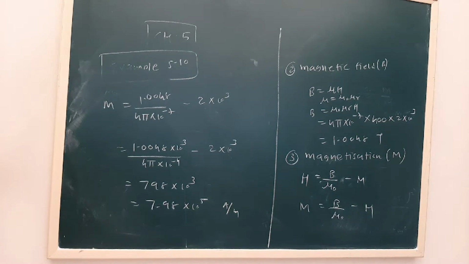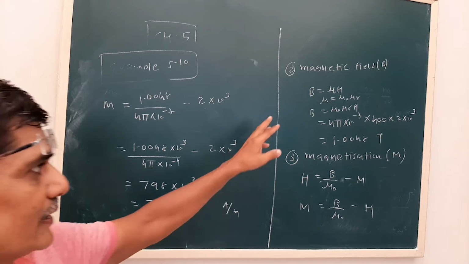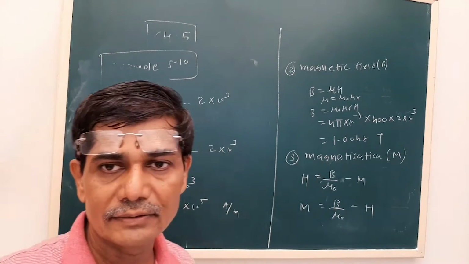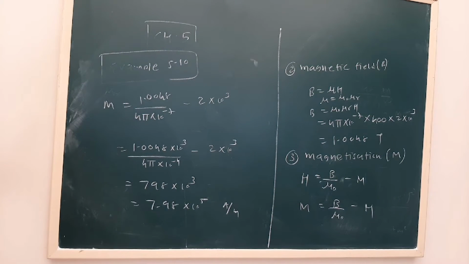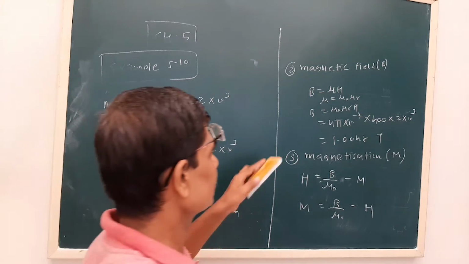Now see the fourth part. First we have obtained the value of H. Secondly we obtained the value of the magnetic field B. Third we have obtained the value of the magnetization, and the fourth is the magnetizing current.